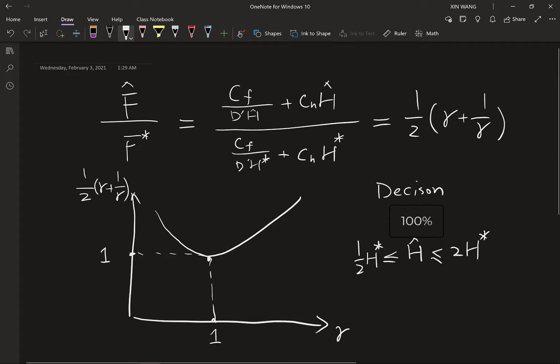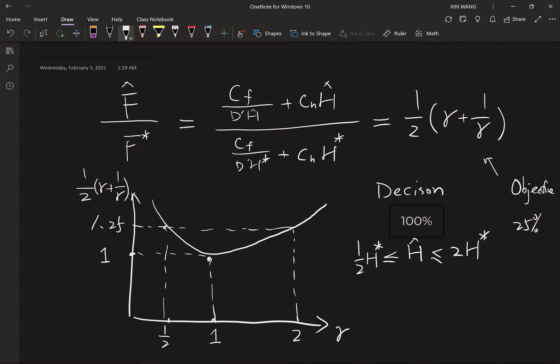In this case, our objective error, which is a ratio, gives us 1.25, so 25%. And if the decision only has 25% error, it means this point, which gives us a value of 1.025.